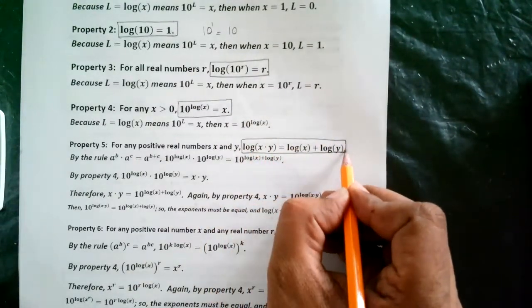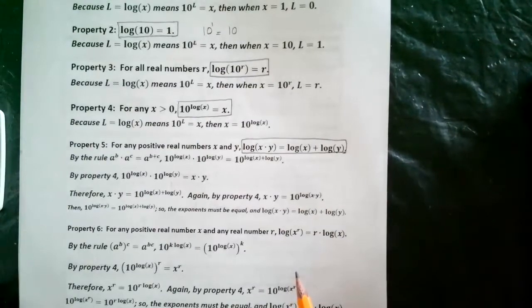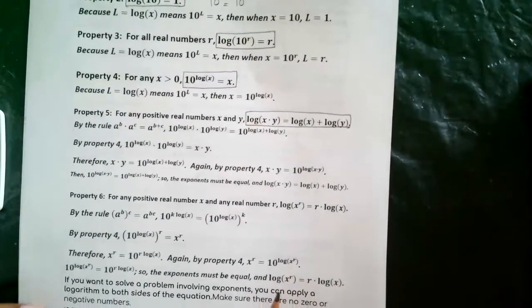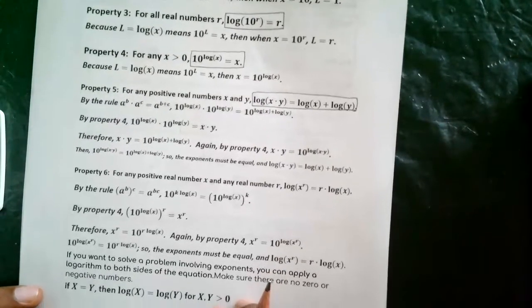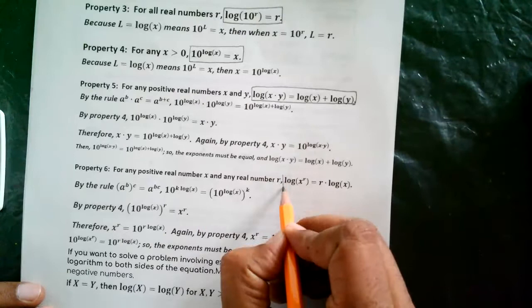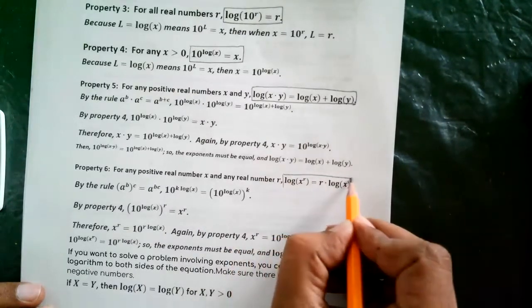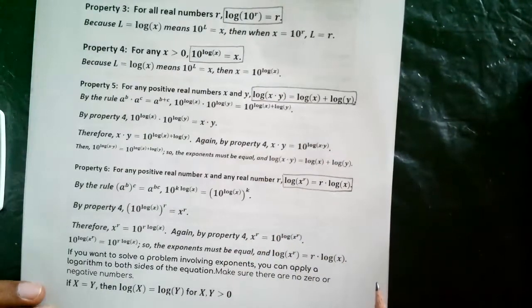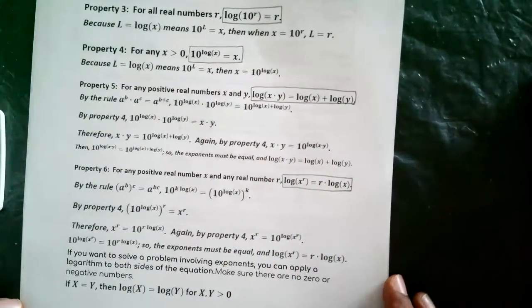So log of xy is the same as log of x plus log of y. That we should keep in mind. And then the last property is property 6. Log of x exponent r is the same as, you take r outside, r times log of x. So these are the properties.